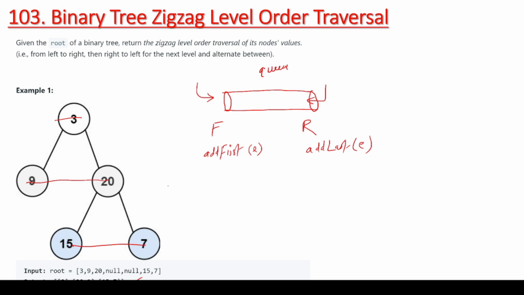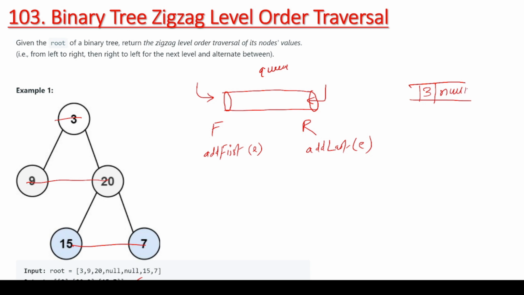Now think about our problem. In our problem, we are given a root element. There will be a queue. We will add 3 as one element on the queue, and along with it we will add one null element.